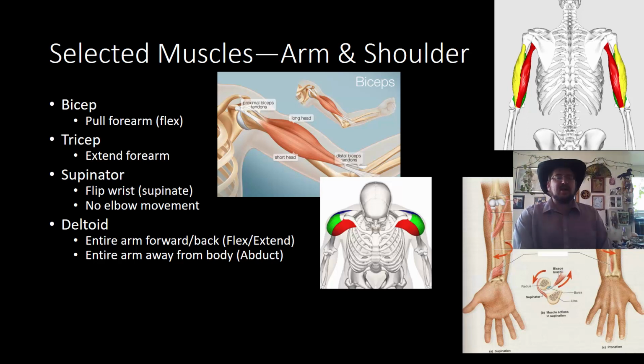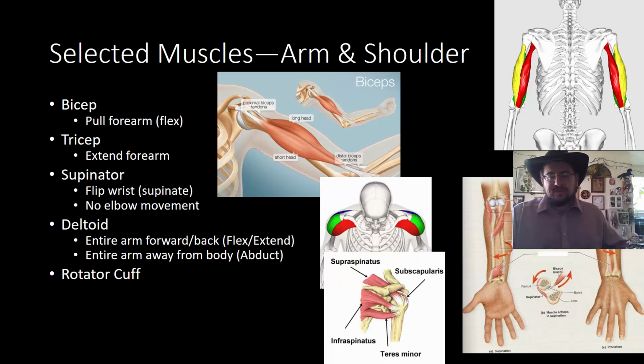So, deltoid is all about moving your humerus around. Then you have the little muscles in your rotator cuff. There's actually a whole bunch of them. So, you do not have to remember supraspinatus, subscapularis, and infraspinatus. But they all attach to your scapula.